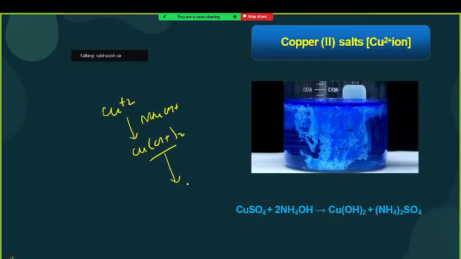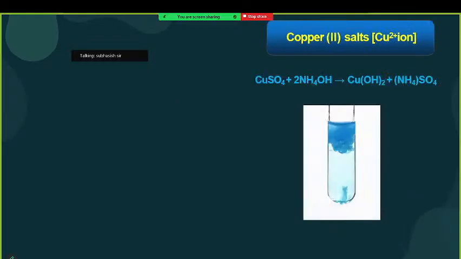But the second observation is totally different when we add excess ammonium hydroxide to copper hydroxide. The precipitate dissolves and the solution has a deep blue color, not pale blue.